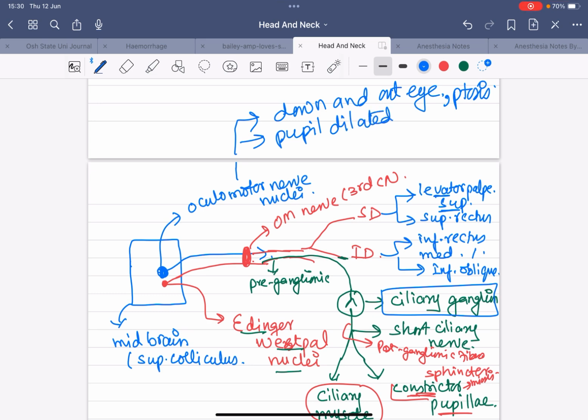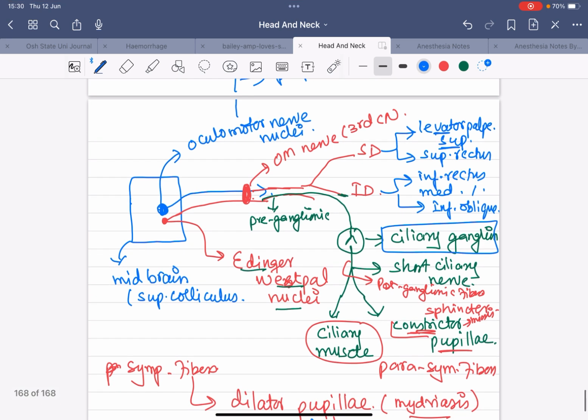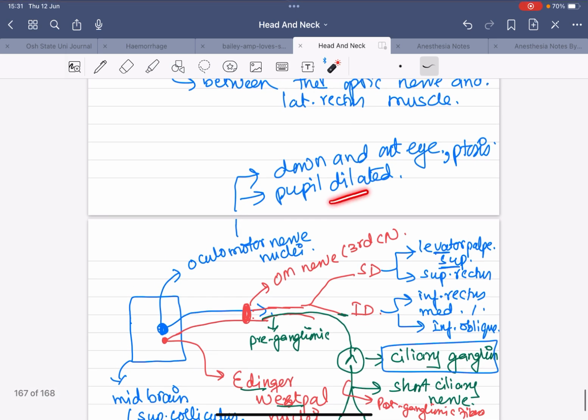Because the sphincter pupillae is not going to work. So the dilator pupillae becomes more active, and the pupil is dilated. Okay, the sphincter pupillae is paralyzed.